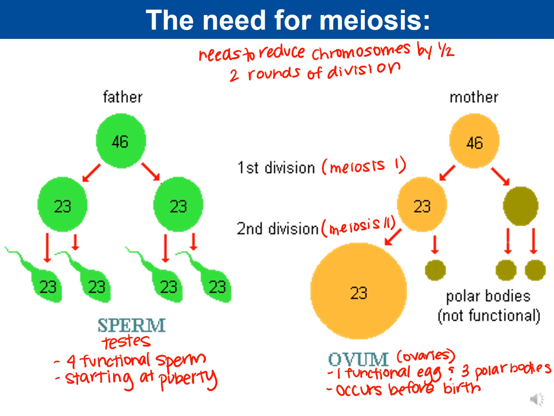Females, on the other hand, will form 1 functional egg and 3 polar bodies, so 3 support cells, and this occurs in females not just at puberty, but actually before she's even born. And so those are some differences between these two processes, but the overall goal is the same. And that is that we need to reduce chromosome number by half.